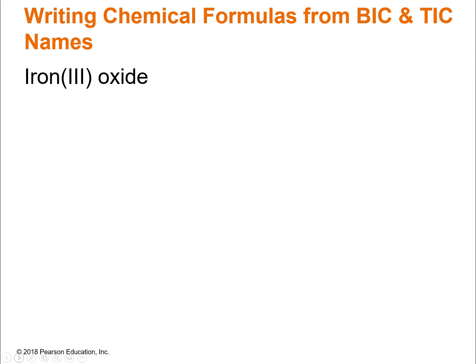Let's do another example. This time we're doing iron 3 oxide. We've got our cation, that's the iron. The anion is the oxide, and from the way that it's named, we know it's a monoatomic anion.